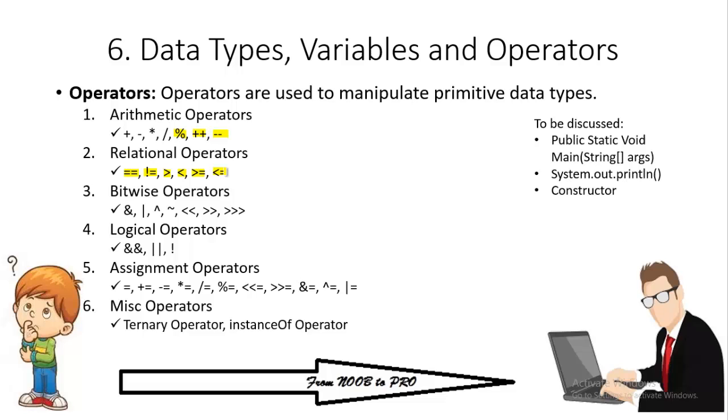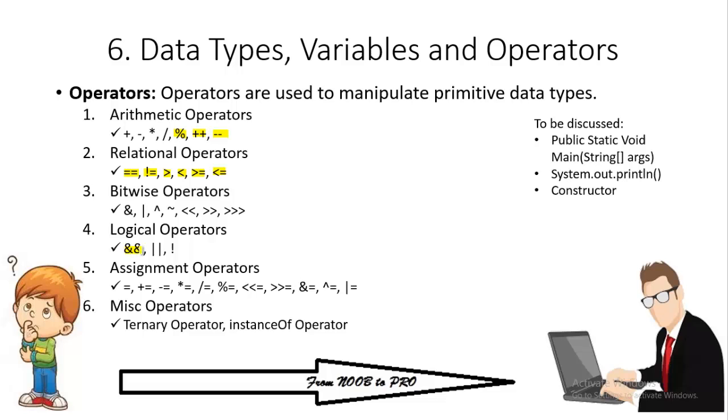Now the bitwise operators are the binary operators. I won't get deep into these as these are not much used unless we need to do some complex operations. On the contrary, the logical operators are used almost in all the programs.